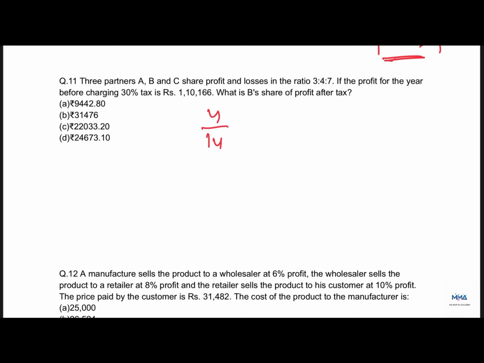But since they get to distribute only 70% of the profits that are available because they have to pay 30% tax, they only get 7 by 10th of it. So you multiply that with the profit. So it's clear from this itself that this is going to be the answer.